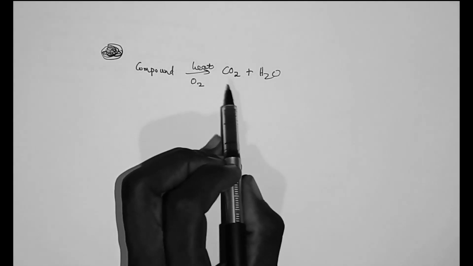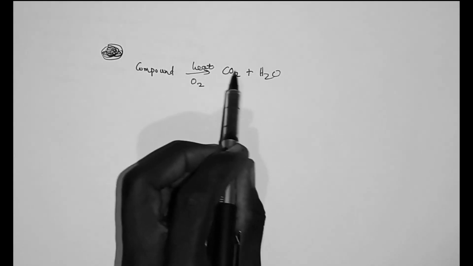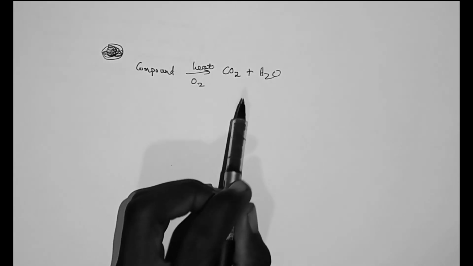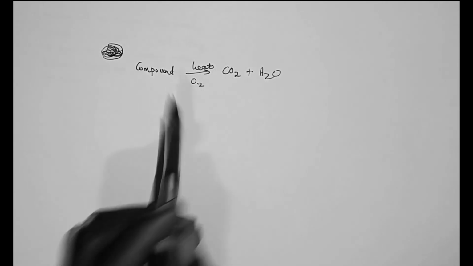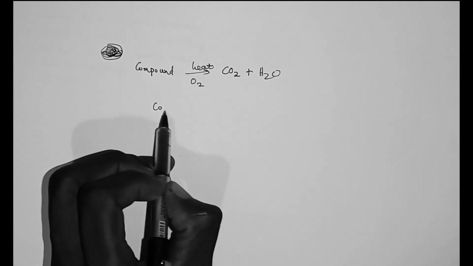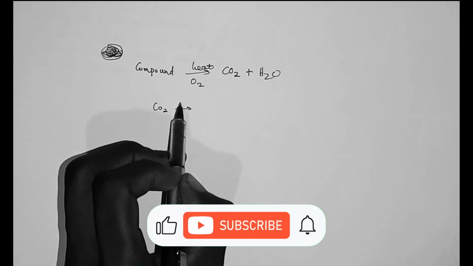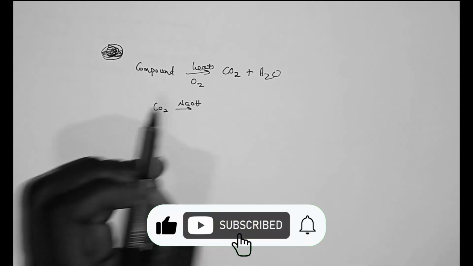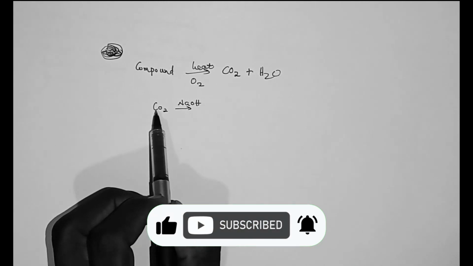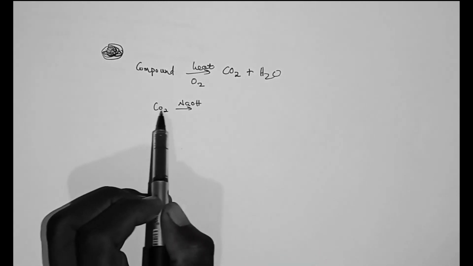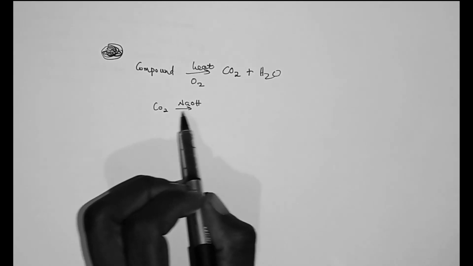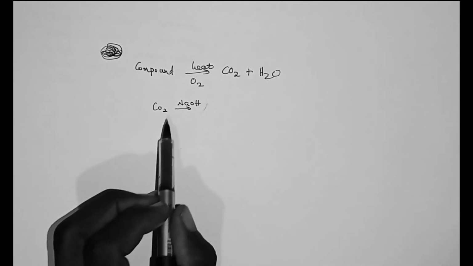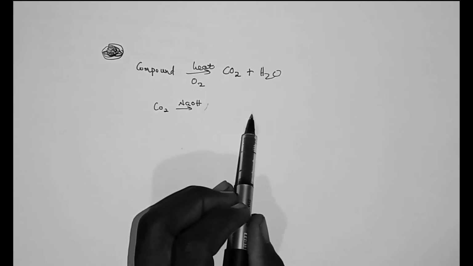So when you get the carbon dioxide and the water, the way to know the mass of the carbon present in the compound is by passing the carbon dioxide gas through sodium hydroxide in a tube. When you do that, the sodium hydroxide will absorb the carbon dioxide, and therefore the tube will increase in mass. So you'll be able to calculate the mass of the carbon dioxide passing through the tube.